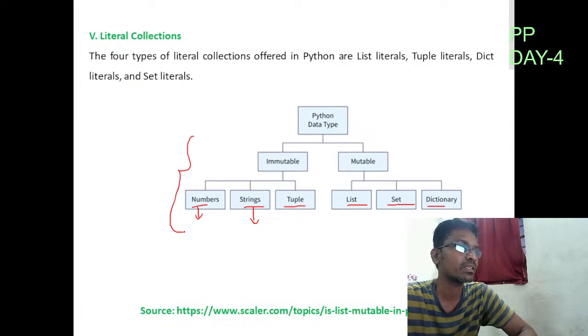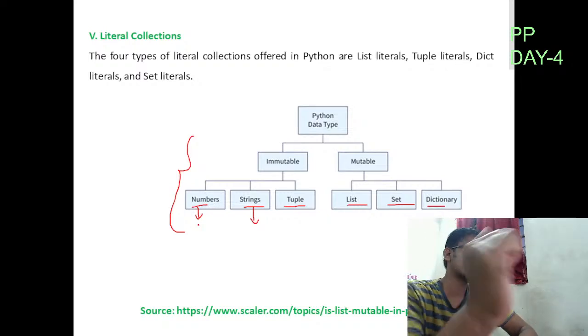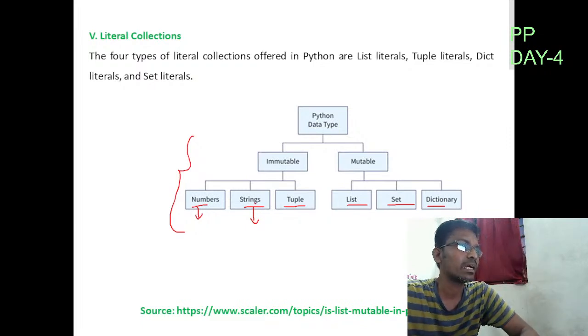So you have different types of data types like number data types, which include integer, float, long integer, and so on. It also contains string data type, tuple data type, list data type, set data type, and dictionary data type.